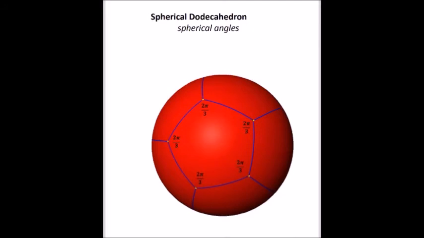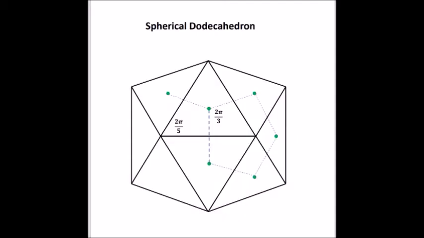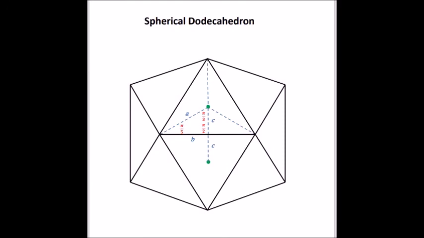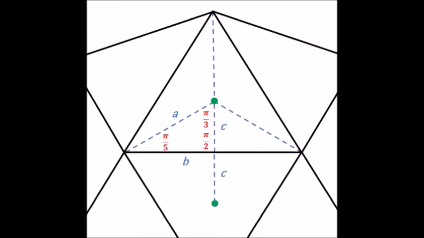Now let's look at the spherical dodecahedron. Since its faces are pentagons, we'll first need to subdivide it into triangular sections by overlaying the edges of both the spherical icosahedron and dodecahedron. We then can further subdivide these sections to form this triangular section. The values for the spherical angles are half angles of the icosahedron and dodecahedron.